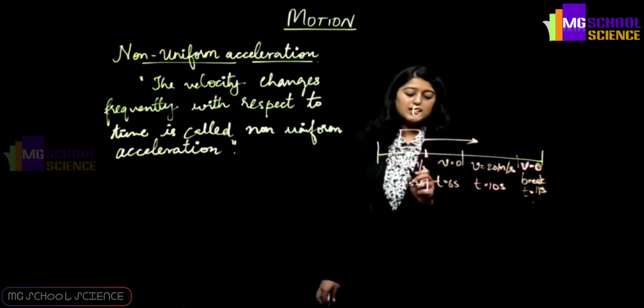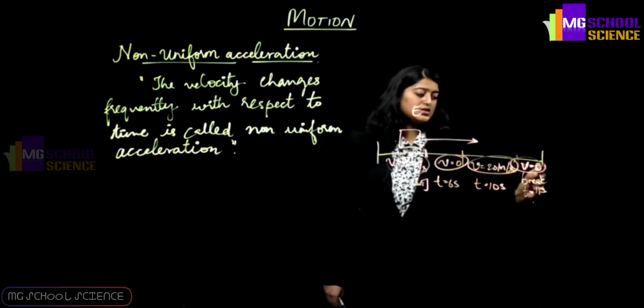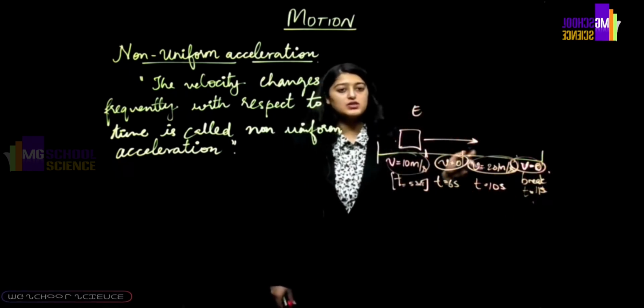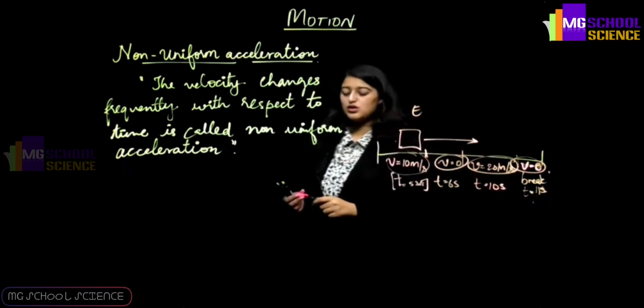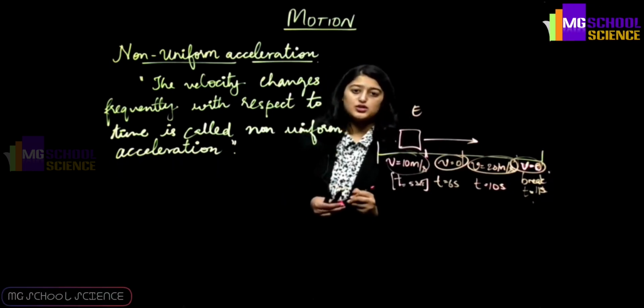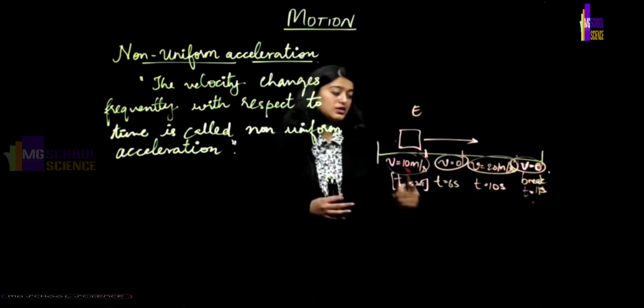So here you can see that the velocity is changing with respect to time. It is not constantly increasing. It sometimes increases, then decreases, again increases, again decreases. So the velocity is not stable. In such a case, we call it non-uniform acceleration. This is one of the cases.